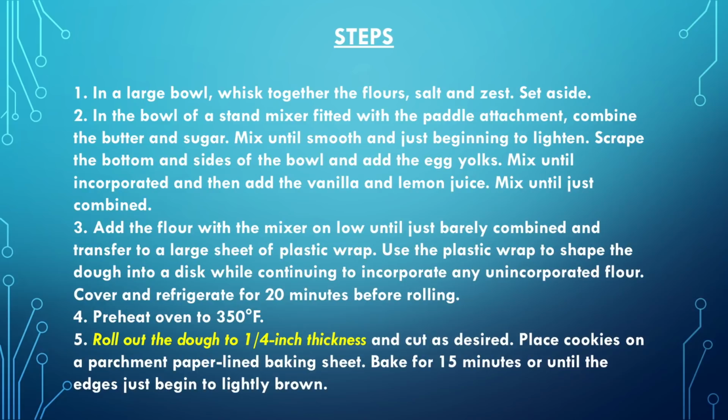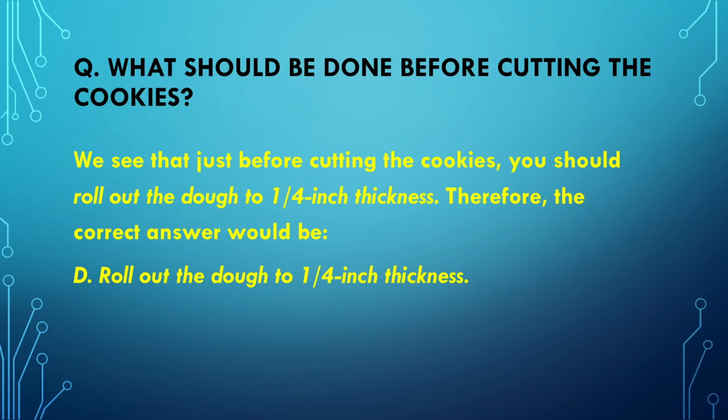And if you look down to number 5, you will see roll out the dough to 1/4 inch thickness and cut as desired. So we just noted that before you cut the cookies, you should roll the dough to 1/4 inch thickness. And therefore, the correct answer would be roll out the dough to 1/4 inch thickness.